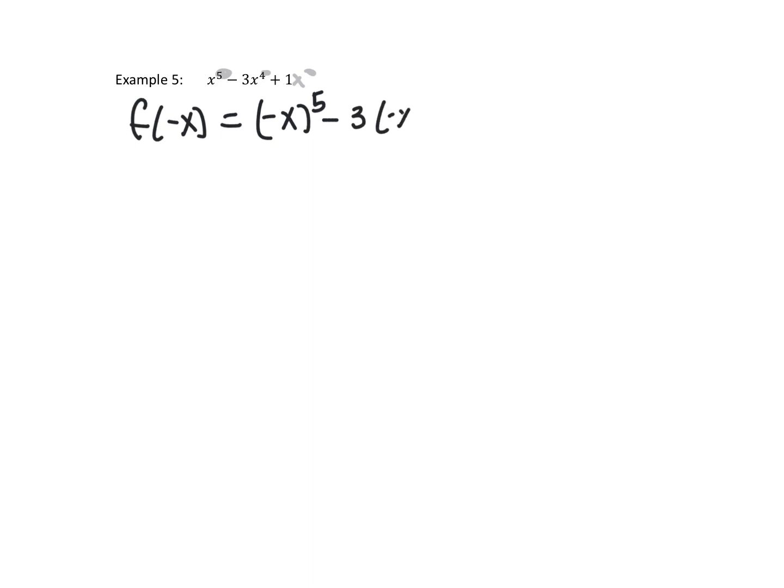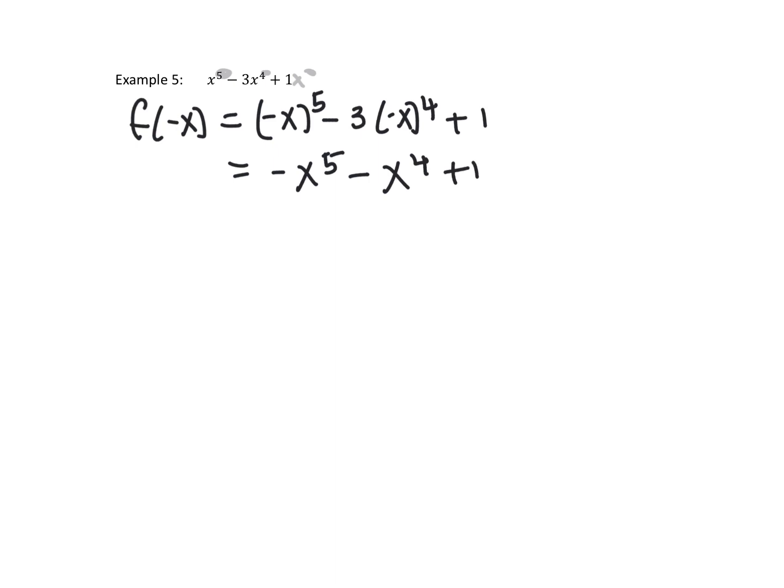This is (-x) to power 4 plus 1. So this becomes negative x to power 5, and this is going to be 3, that's going to be negative x to power 4 plus 1.